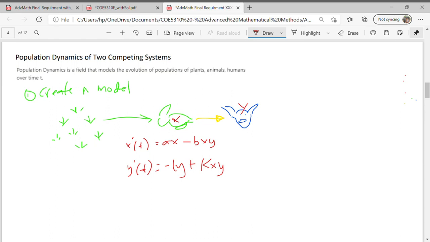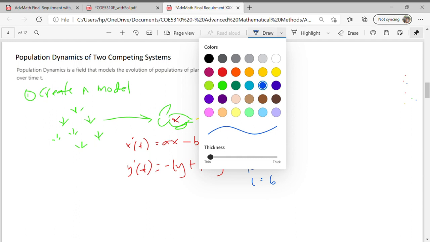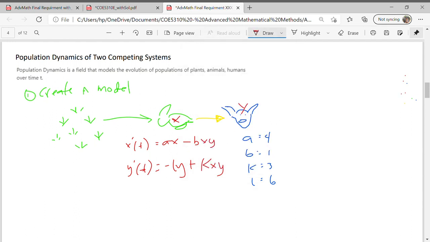But first we define some values here: a equals 4, b equals 1, k equals 3, and r equals 6. Then we substitute these values into our equation to get our working equations.